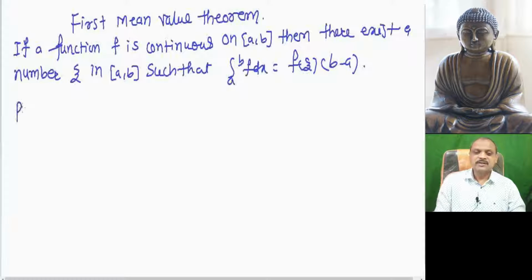Friend, we have seen a theorem: if a function is continuous then it is integrable.